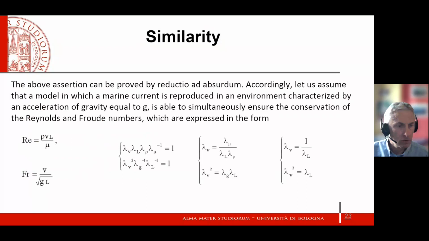Actually, to be rigorous, I should say that from the third to the fourth column here, I assumed, I didn't say this before, that lambda rho and lambda g are 1. To get the expressions in the fourth column from the expressions in the third column, I assume that lambda rho and lambda g are 1. Which means that I am imposing that the gravity is conserved and the mass density of the fluid is conserved.